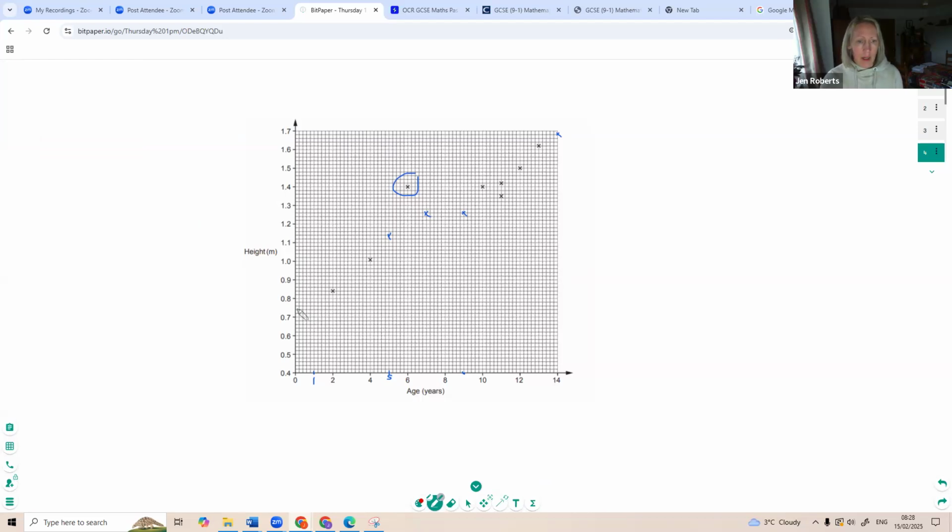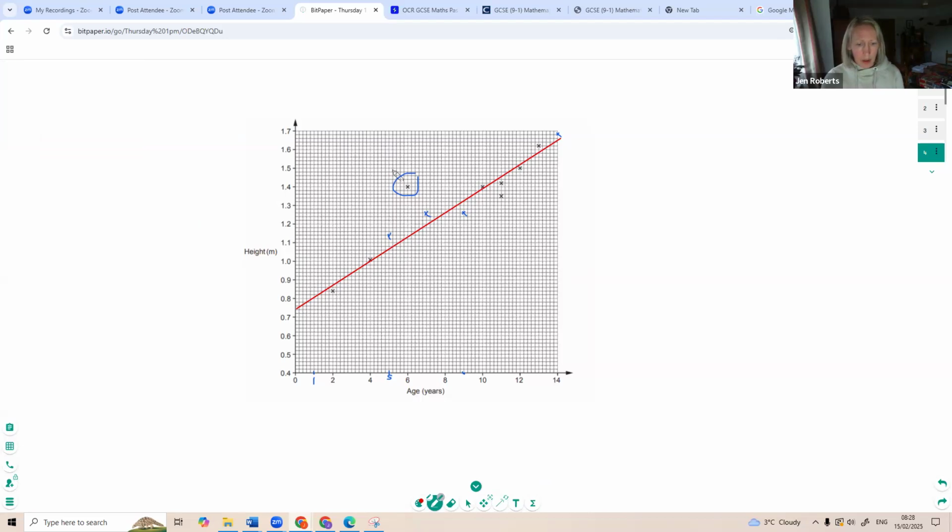It's got to be a straight line that follows the general direction of all of your points and kind of has an equal amount of crosses on each side. Yeah, that works. The line of best fit should look something like this.